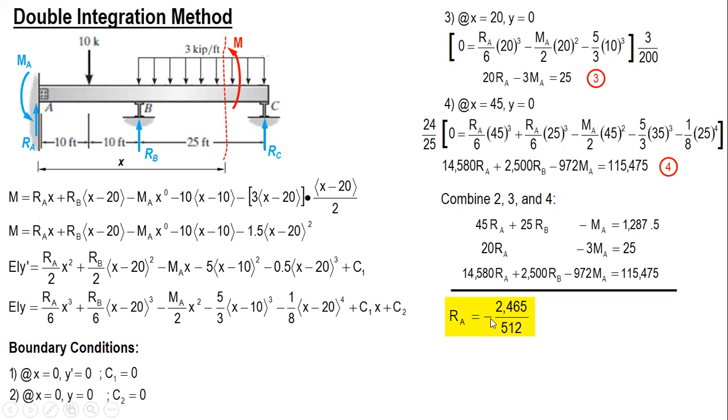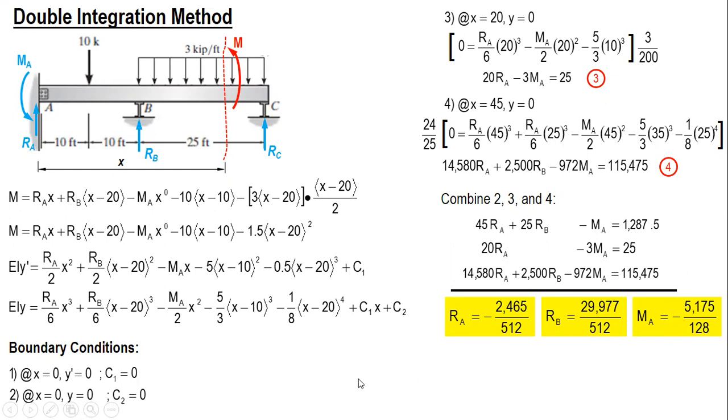Negative means downward because the assumption is upward. So RA is upward, but when solved, it's negative, so it means downward. RB is positive, so it is as assumed, upward. And then the moment is negative. It means clockwise, because the assumption was counterclockwise, and it turned out negative, so clockwise.